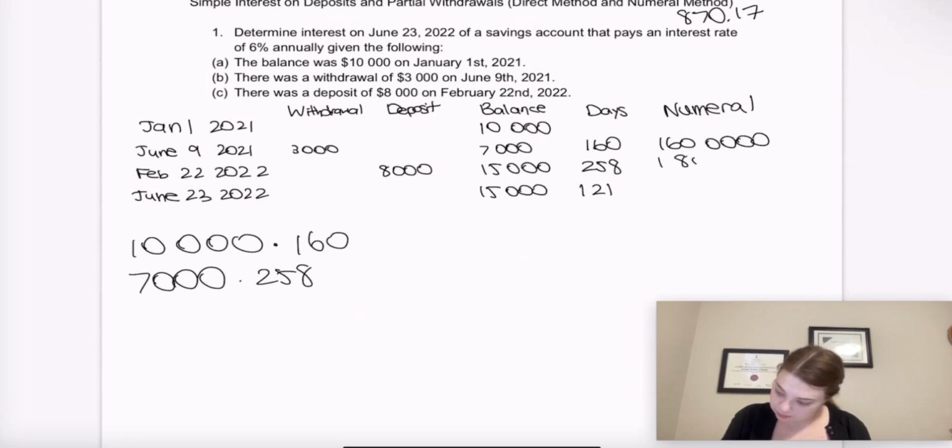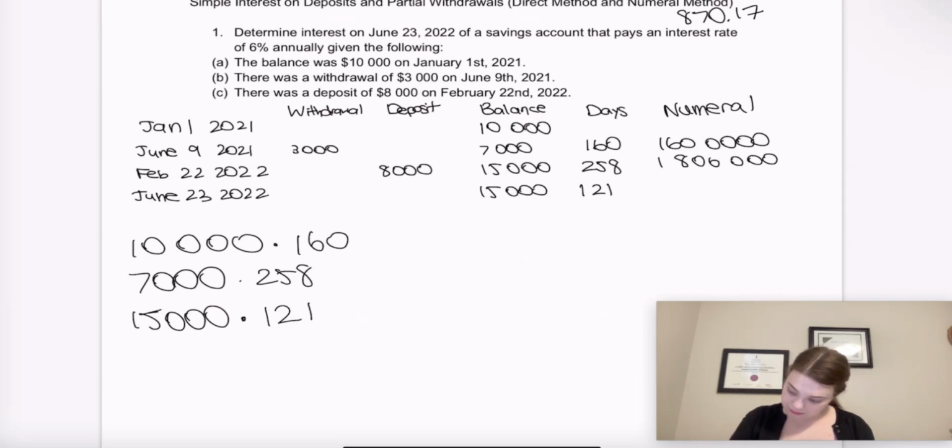1,806,000. So yeah, about 1.8 million there. And then the next one is 15,000 for the next numeral times 121. So 15,000 times 121, yes, it is 121.